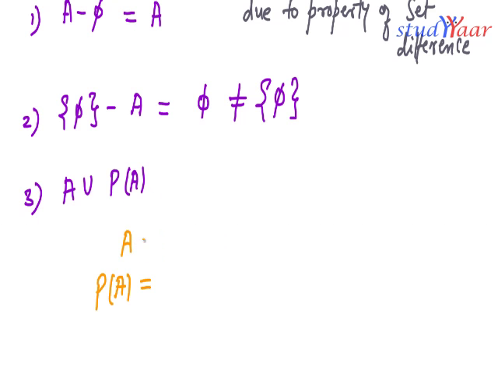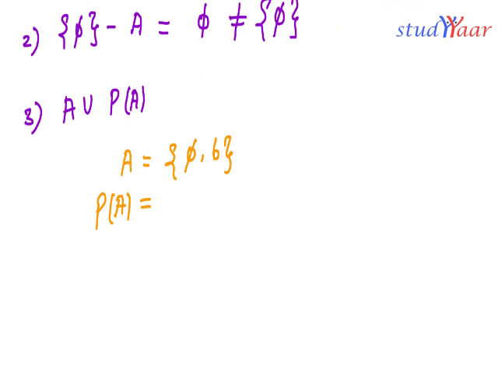A is given as this and this. I'm going to create a power set of A. It is going to have 2 raised to 2 elements, therefore it is going to have 4 elements.